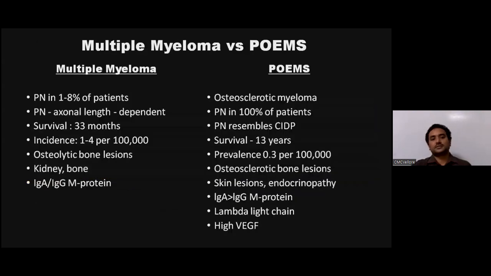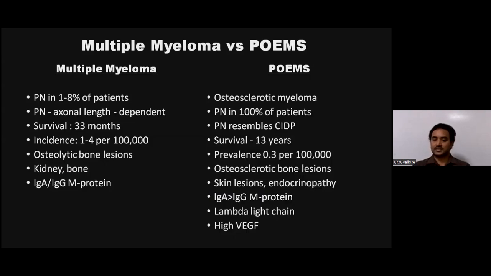So the difference between multiple myeloma and POEMS. As we said, in POEMS, peripheral neuropathy is one of the mandatory criteria, so you can take it as 100% of patients, and it resembles CIDP. Osteosclerotic bone lesions are present in POEMS, osteosclerotic myeloma.